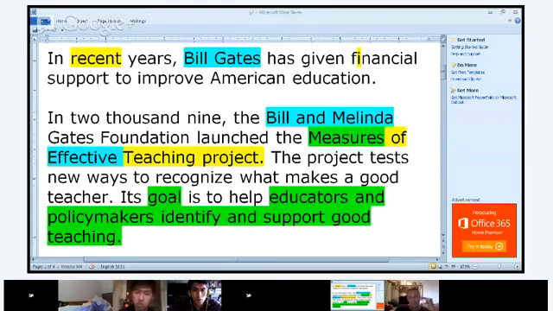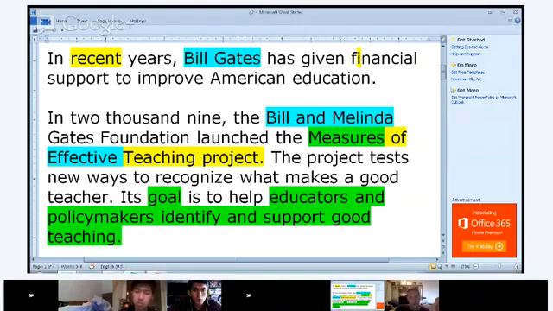Who paid for this research, this project? The Bill and Melinda Gates Foundation. Yeah. All right. And so they want to study what makes a good teacher, what is effective teaching. So let's look. And this is from the year 2009. Okay.